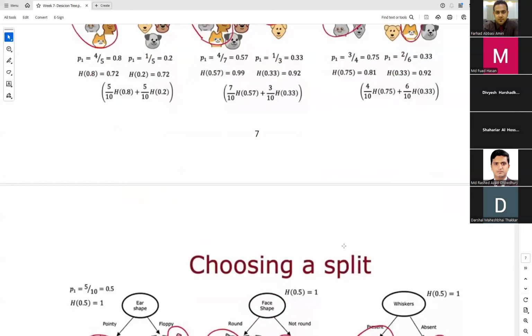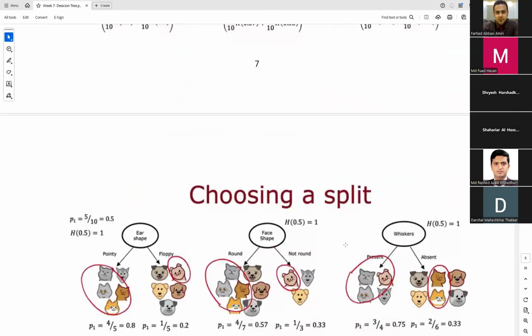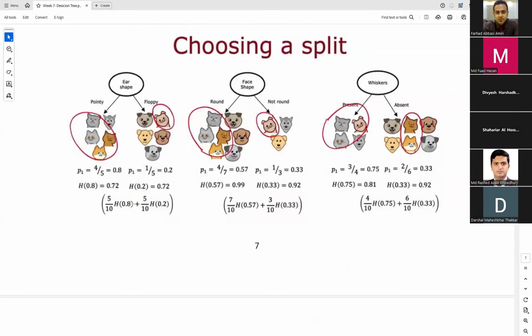There's one way: you can mix them together. For example, for this example, you have 2 entropies. You need to mix them together. For example, H of 0.8, the first entropy, with this coefficient. What is this coefficient or fraction?